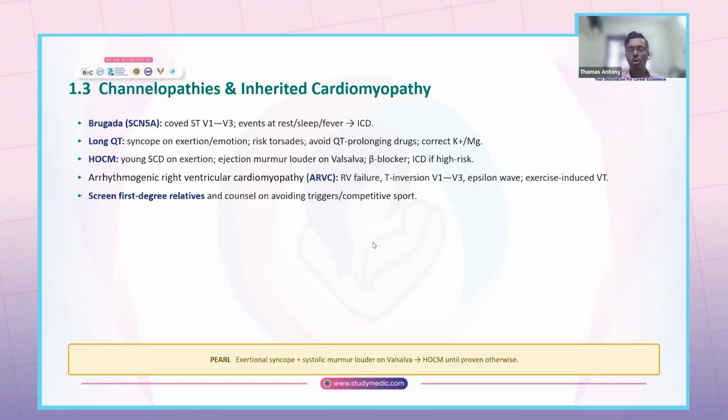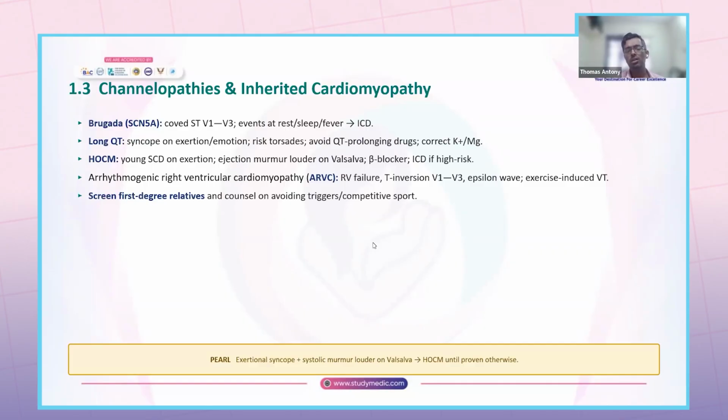In long QT, there is a delayed ventricular repolarization. Like I said before, this is triggered by emotion or exercise. Sometimes even a loud noise can precipitate long QT syndrome. What is the QT cutoff that is mentioned?